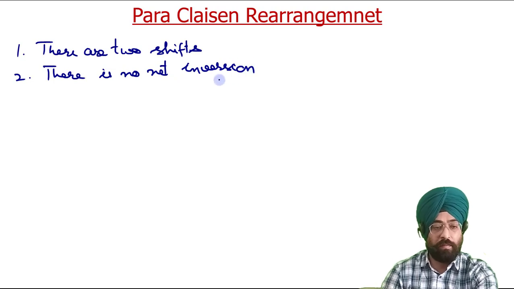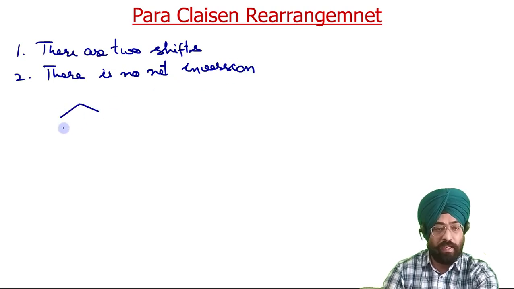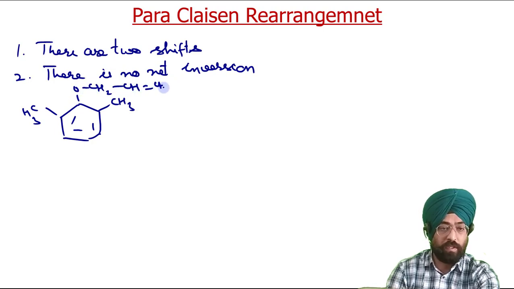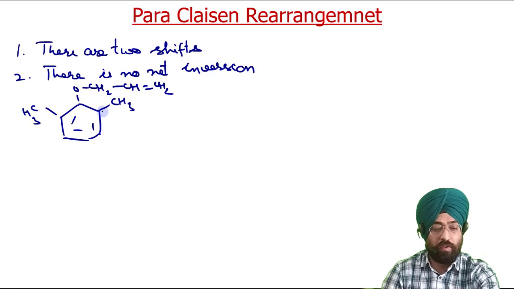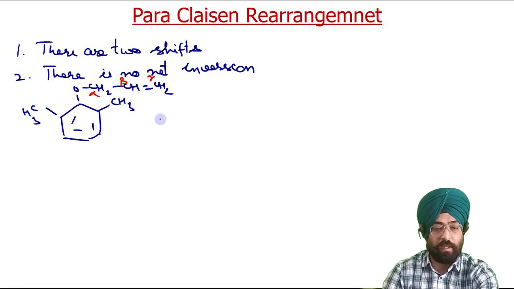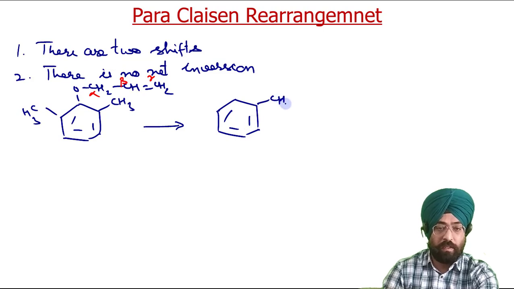No net inversion means if we had CH3, CH3, OCH2, CH double bond CH2, this is your alpha, beta, gamma, then after the reaction we get these attached in the same order, so there is no net inversion.